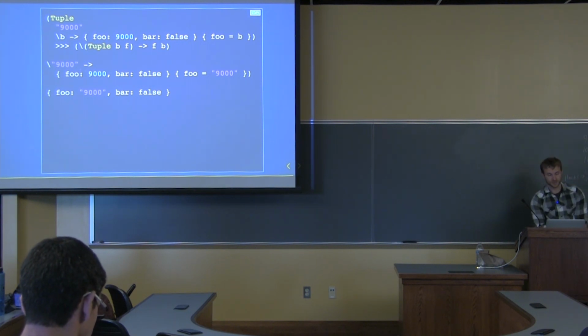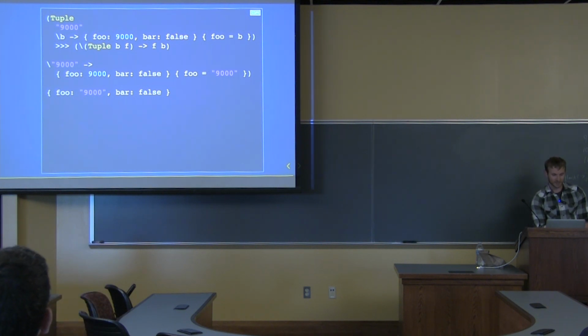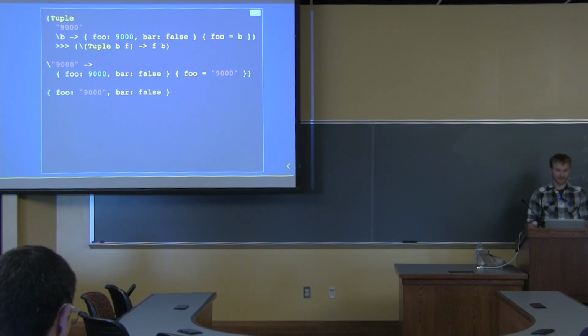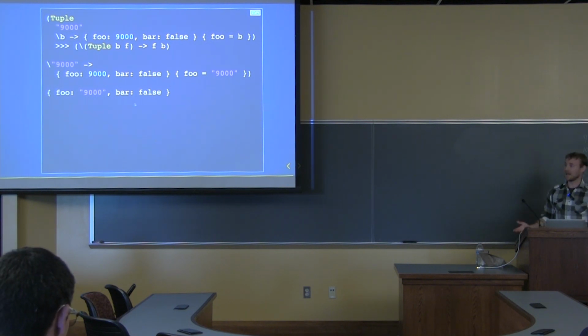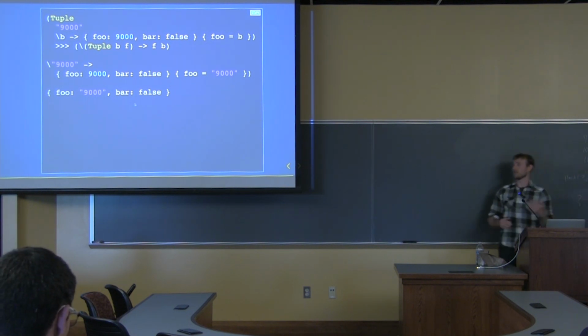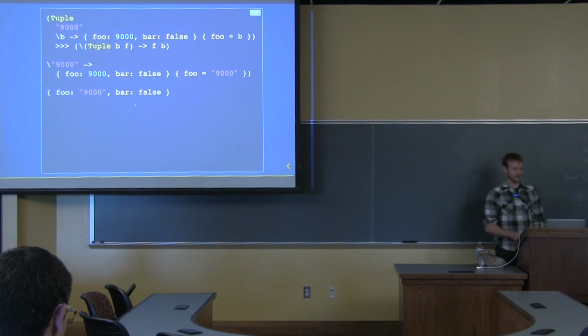If we substitute that in, then 9,000 gets substituted in for b, and now we have just a simple record updater that's going to update this foo record to set foo equal to string 9,000. And then finally, the output of that is our foo record prime. That's what we wanted from the beginning. That's how we called show on foo and got a new record out of it.